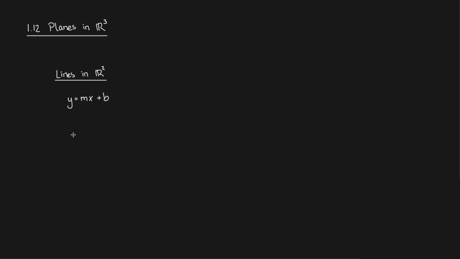But there is a way that we can describe any kind of line. The equation ax plus by equals c is the equation of a line in standard form, and any line in two-dimensional space can be described using this equation. So this line cannot be used to describe vertical lines.